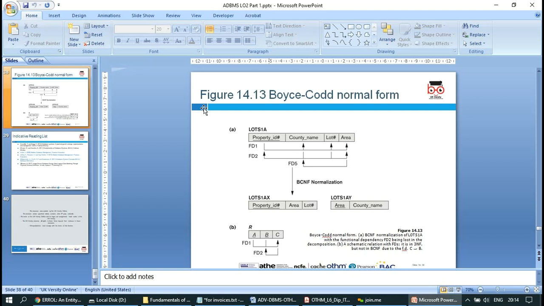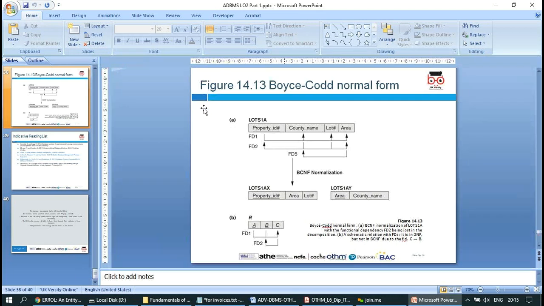Here, functional dependency 1 is that the lot number and the other attributes are dependent only on the property ID, and the other dependency is that the county name is dependent on the area.